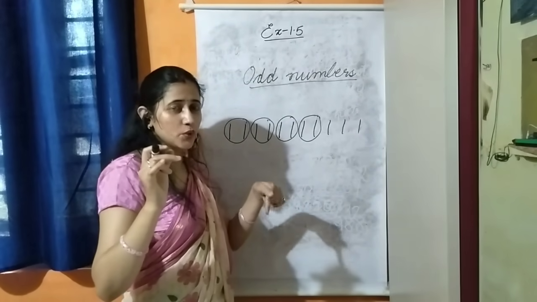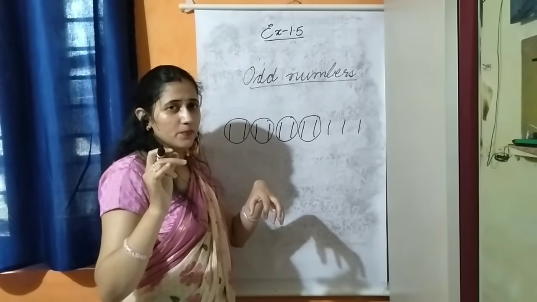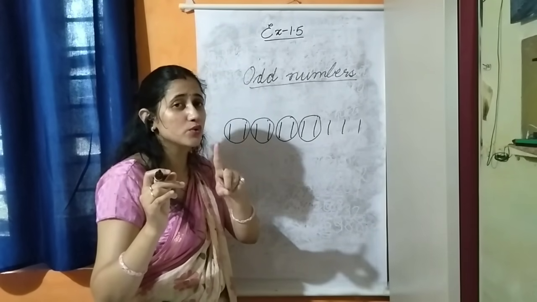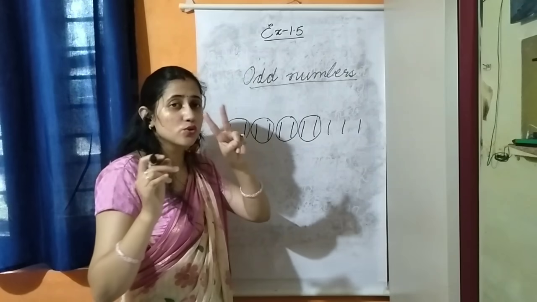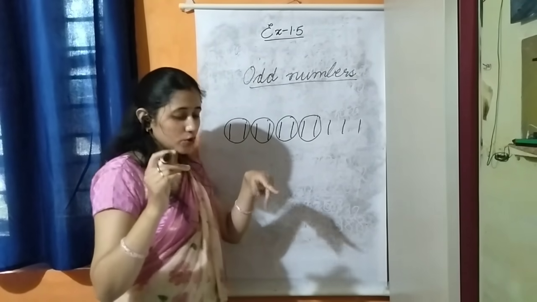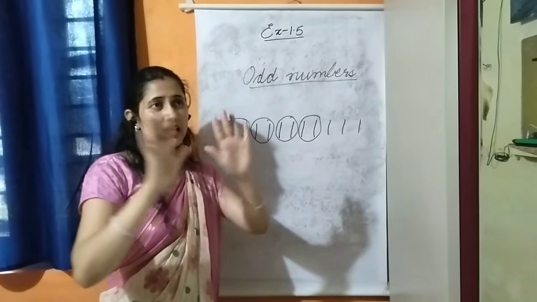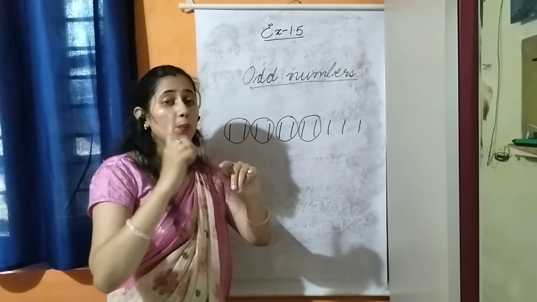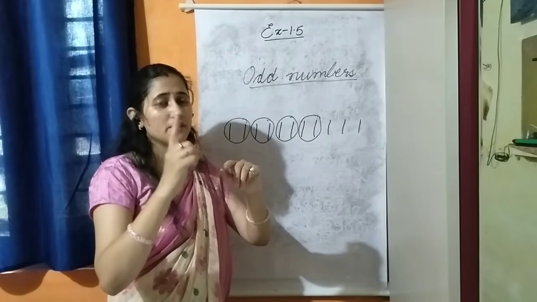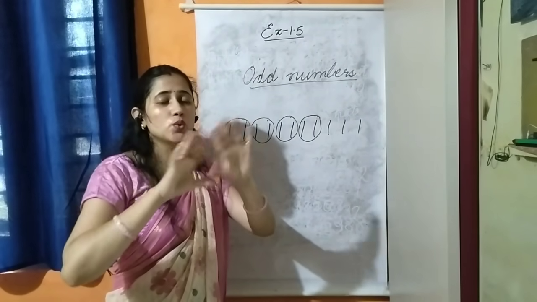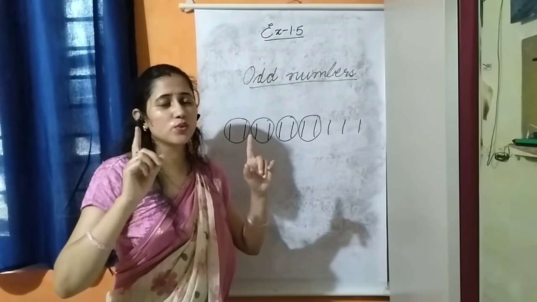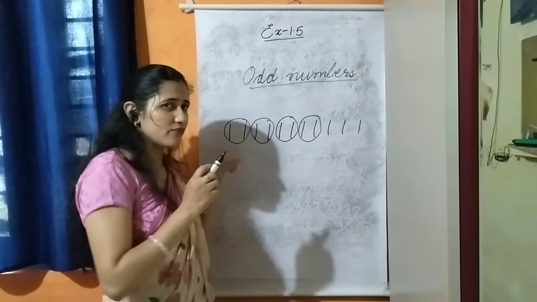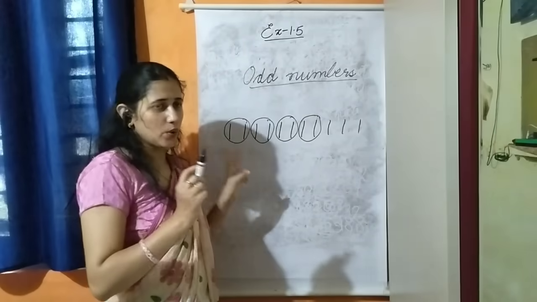Like when you wear shoes, it is one pair of shoes, and one pair of shoes has 2 shoes. When you wear gloves in your hands, 2 gloves are there, but it is one pair of gloves. One pair of gloves has 2 gloves. One pair of shoes has 2 shoes. So here also one pair of lines has 2 lines, okay.